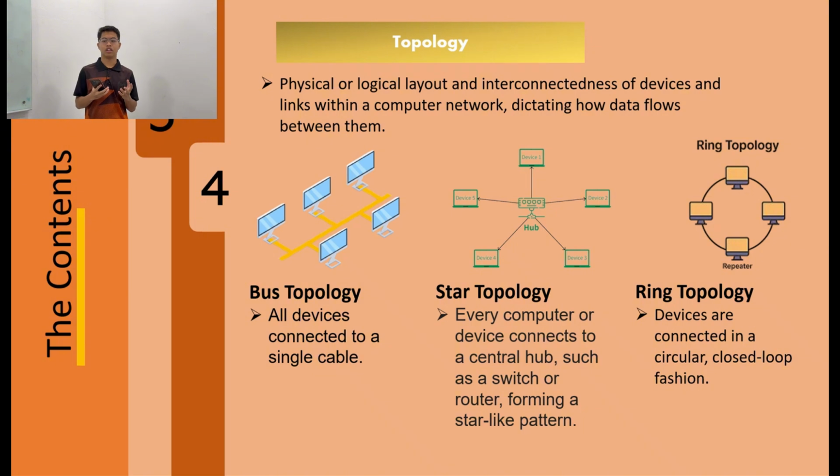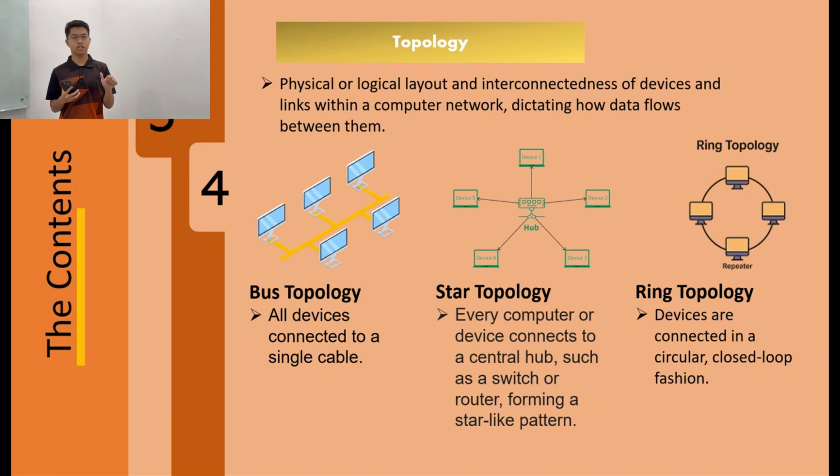Okay, next I would like to describe topology, which is the physical and logical layout and interconnections of devices and links within a computer network, dictating how data flows between them. So it simply means how computers link together and how data flows between them.